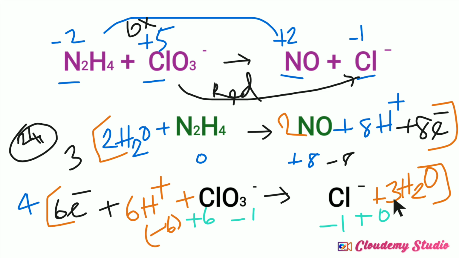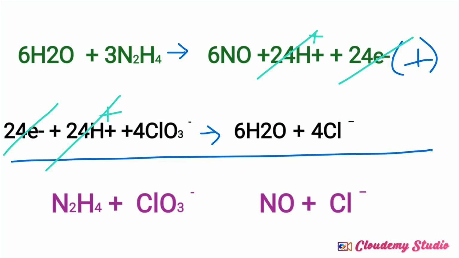So there should be 12 molecules of water in the reduction reaction, but by mistake 6 molecules of water were mentioned. So I am adding 6 more molecules of water on the right hand side.